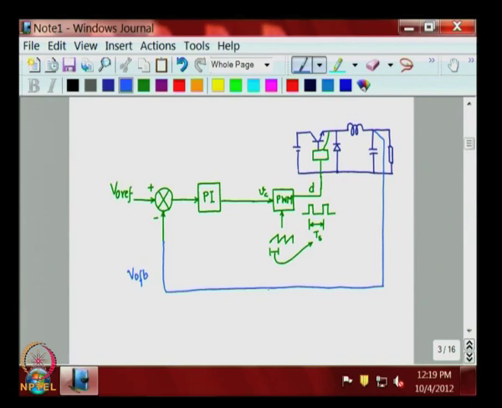Note that here for now we are directly feeding back the output voltage to the compare block.